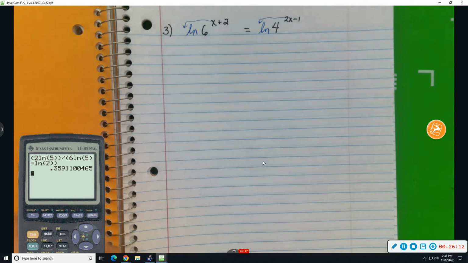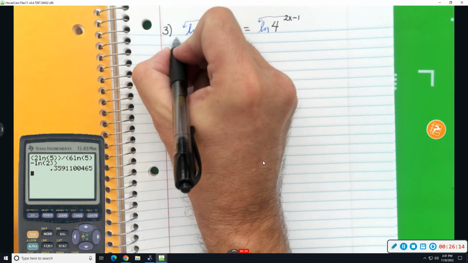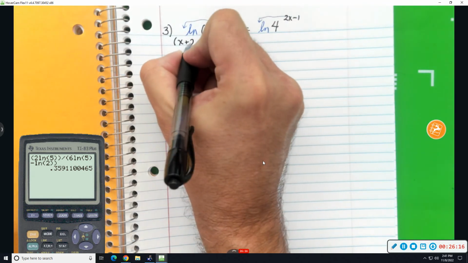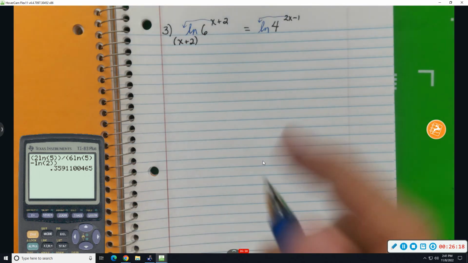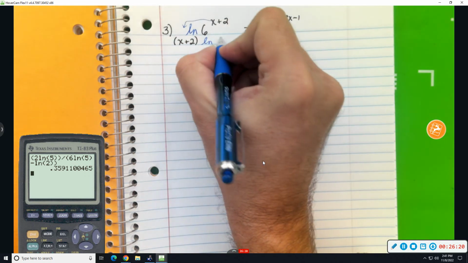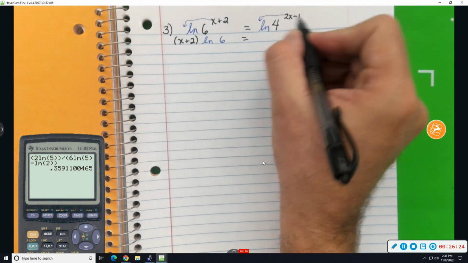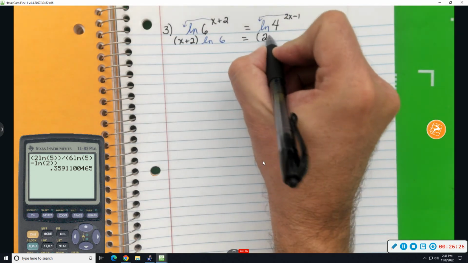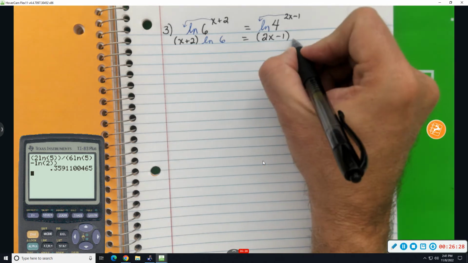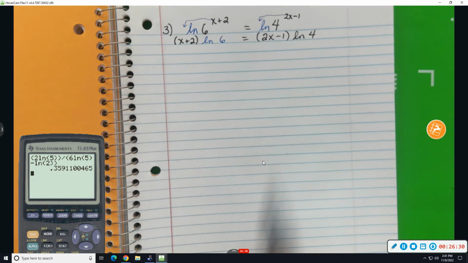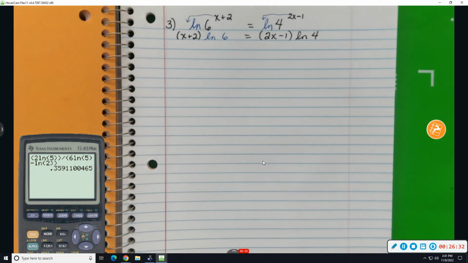So we would have x plus 2 ln 6 equals 2x minus 1 ln 4.